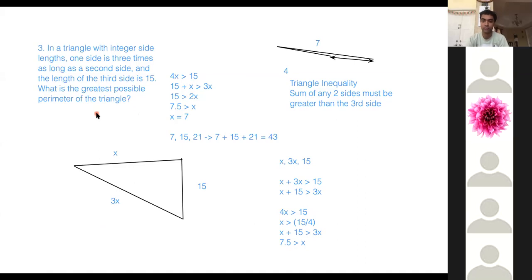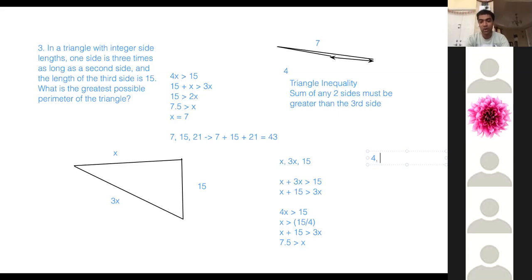Would it be 31? Good. Why? Because the sides would be 12, 4, and 15. And 12 plus 4 is 16. And that's only one greater than 15, which makes it the smallest case. Good. Yes. So that is the correct answer.